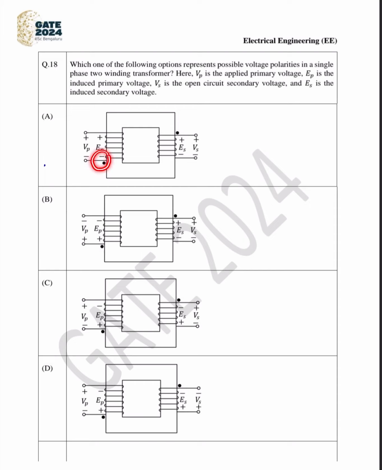So this is negative dot, here positive dot, this is wrong. See, positive dot, here positive dot, right? And check the other, positive dot, negative dot, wrong. Positive dot, negative dot, wrong. So this is the correct option for this question.